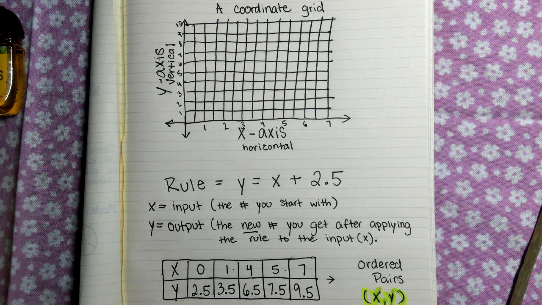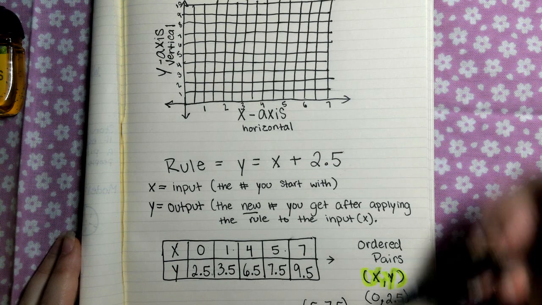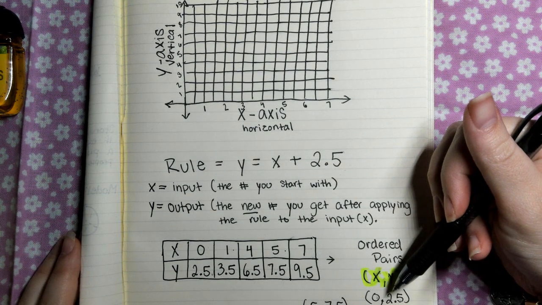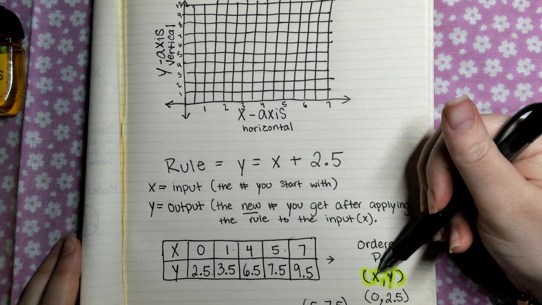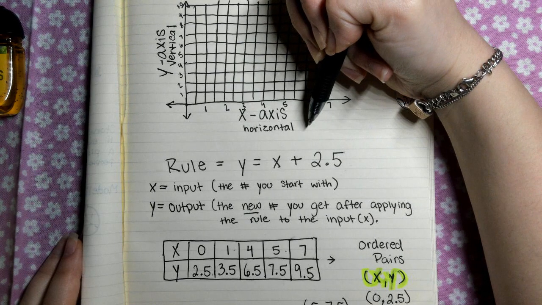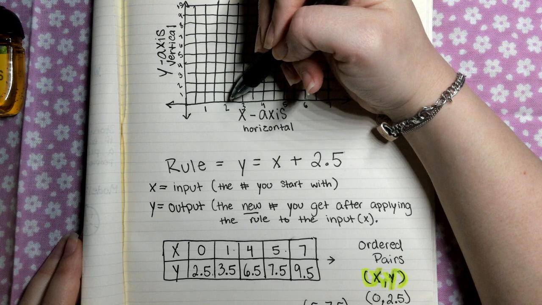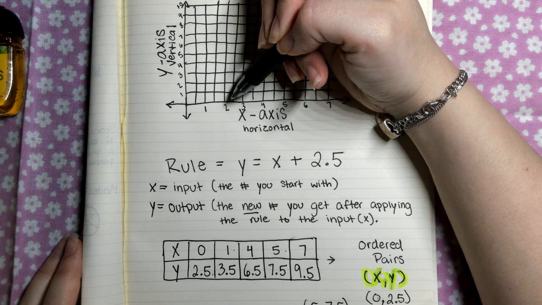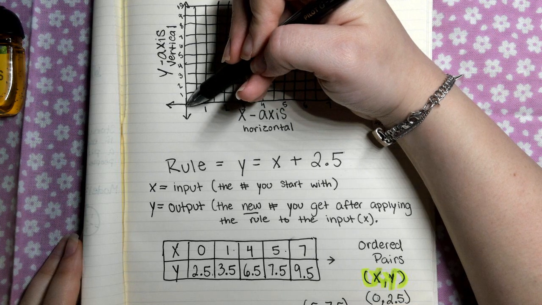Now, looking at our ordered pairs, our first ordered pair was 0, right here, sorry if you can't see, 0, comma 2.5. This is the x-axis, remember, so that controls how far over I go. So if you go over 0, that means you're not going over any. You're still here at the 0 mark.